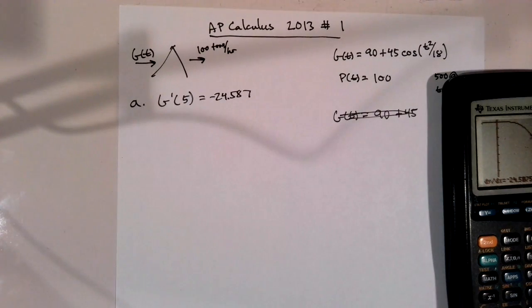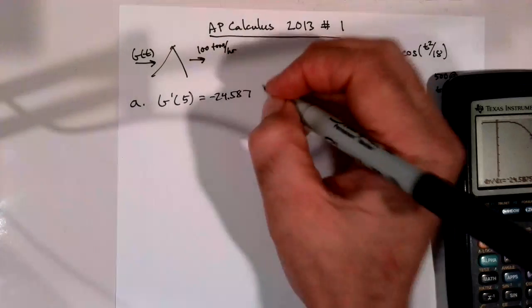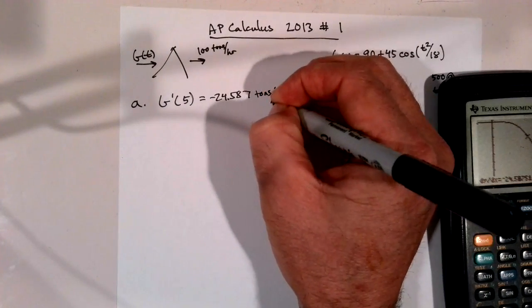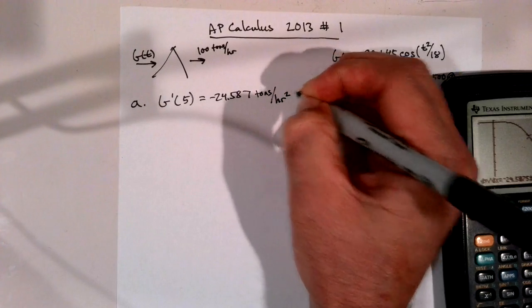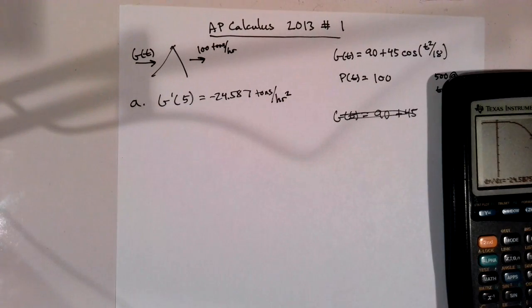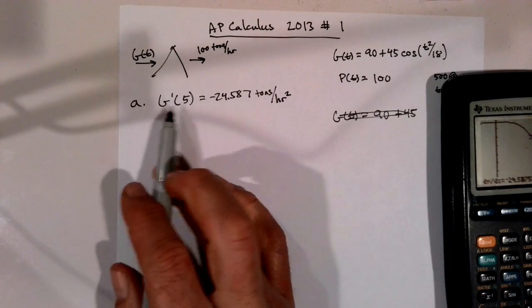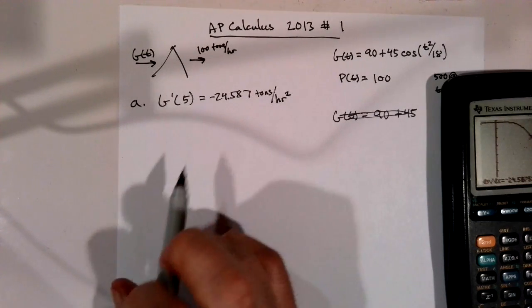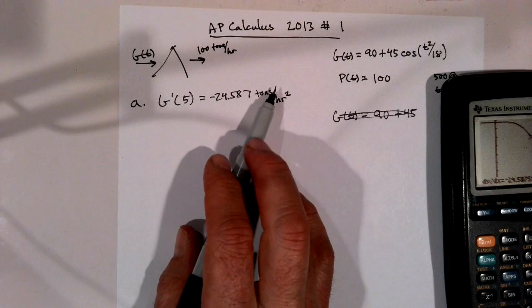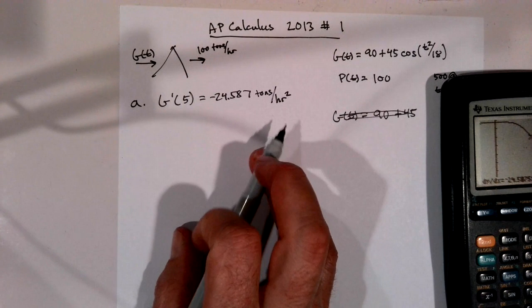And it says, in correct units, tons of gravel per hour squared. Because we're given a rate function the way it is. This is a rate function, gravel arrives at a certain rate. And so when we find the derivative of a rate, we have it squared.